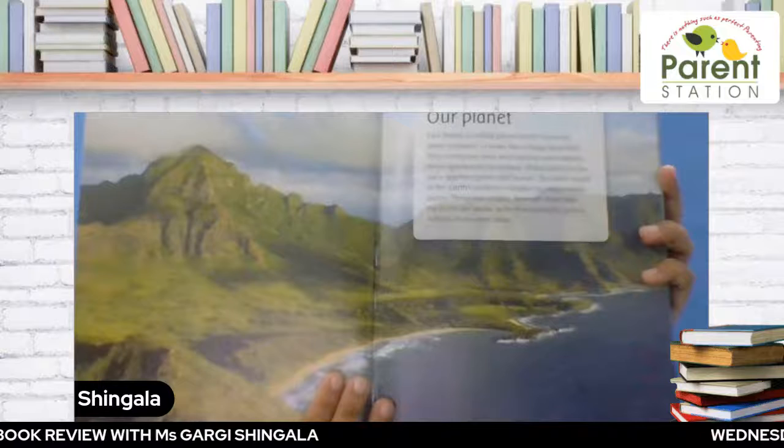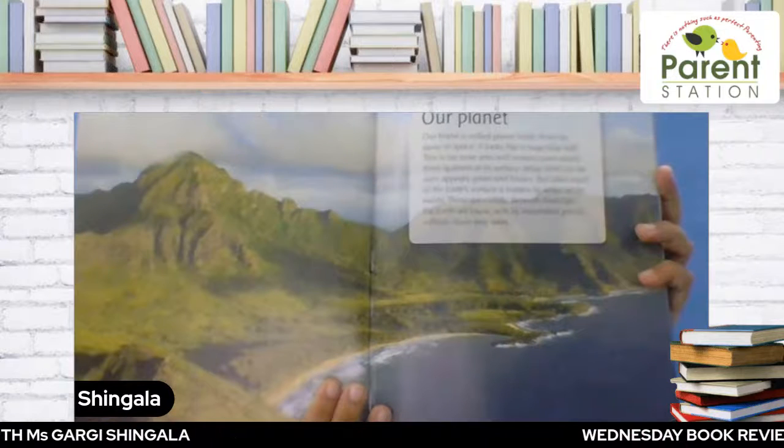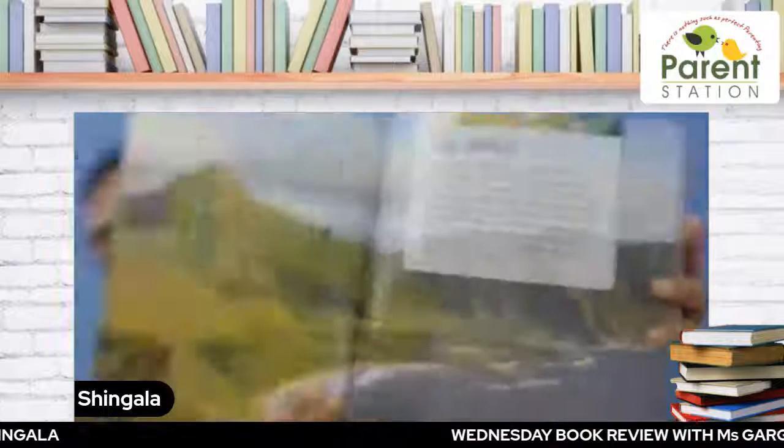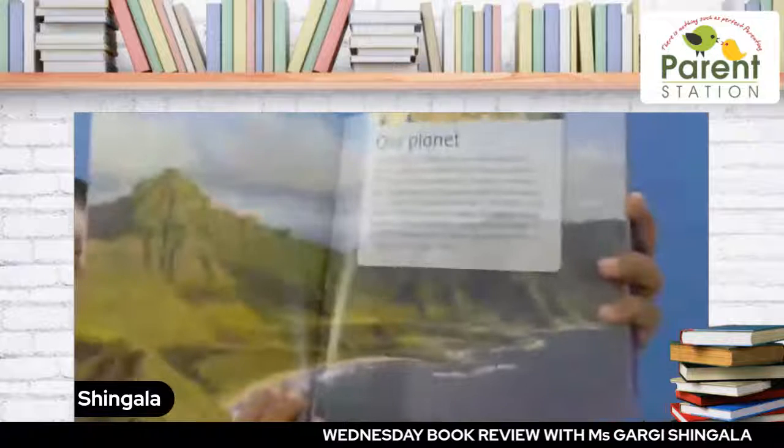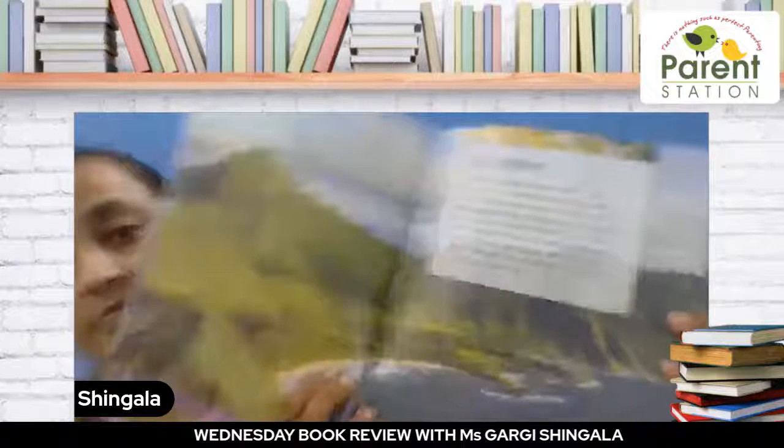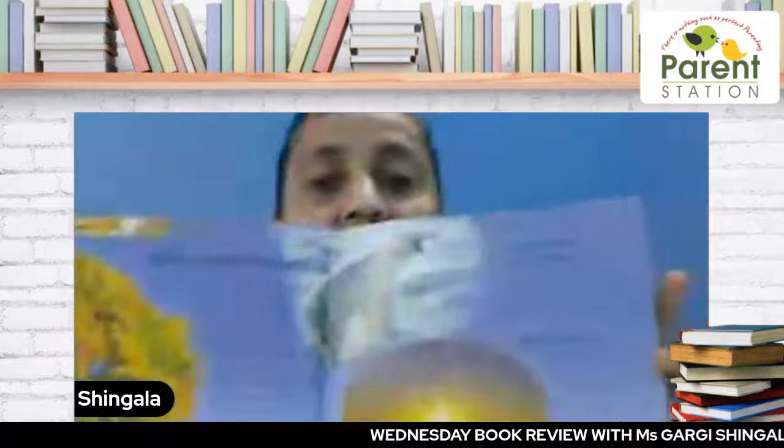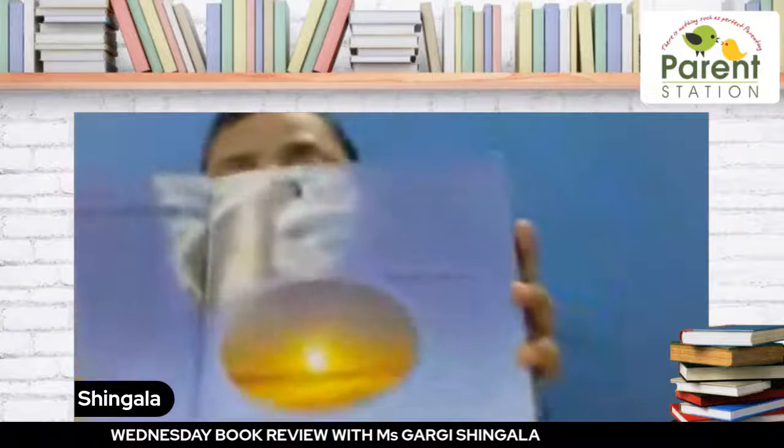You can see the information, few writing, and again the picture is very beautifully given. And in our planet, oh wonderful, they have days and seasons, the sunrise and the sunset.